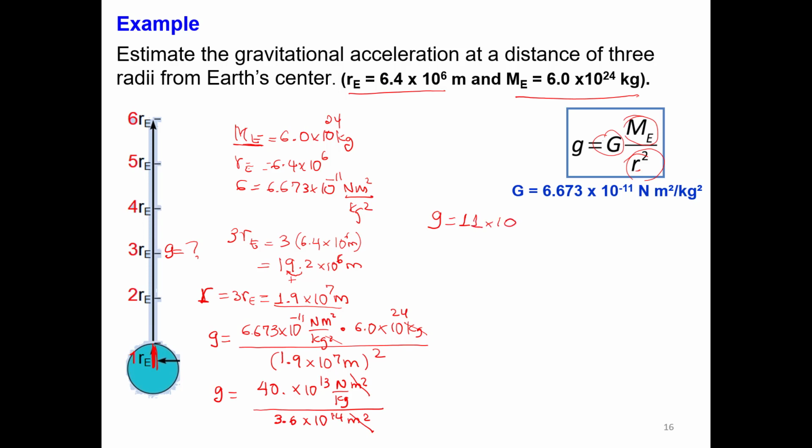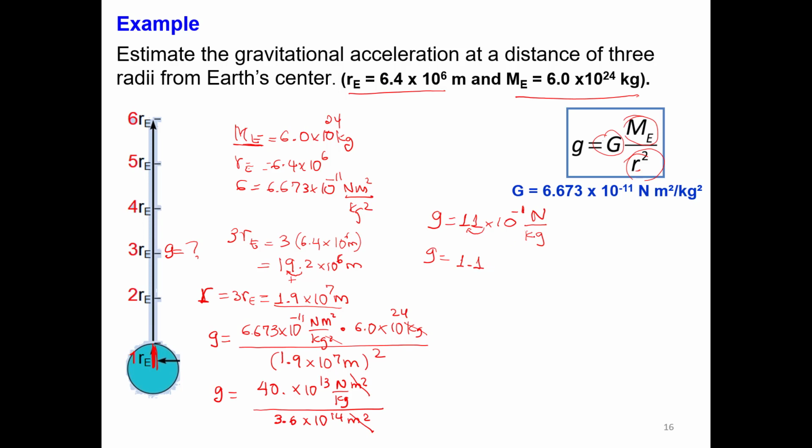Then 13 minus 40 is minus 1. Units. Now Newton over kilogram. We can write this one in standard notation, we will move one place and we will have 1.1.